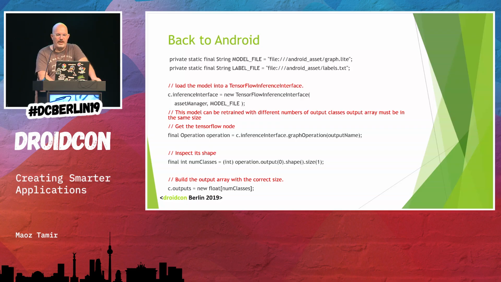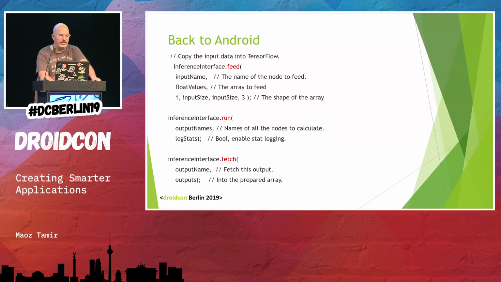We define the graph, which is the actual model that we created, and we also need to add the label text. The label file holds the labels which we want to identify. We are loading the model into the prediction interface, and we are setting exactly how many classes we expect to see in the prediction.